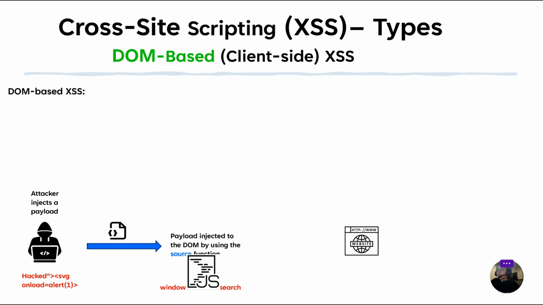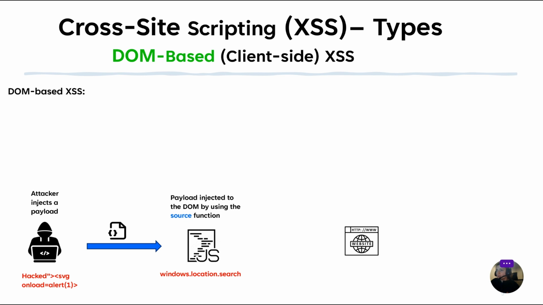The payload is injected using the source function, this one, window.location.search, and will be stored to the DOM. So the attacker injects a malicious payload using this function, and the payload will be stored to the DOM.